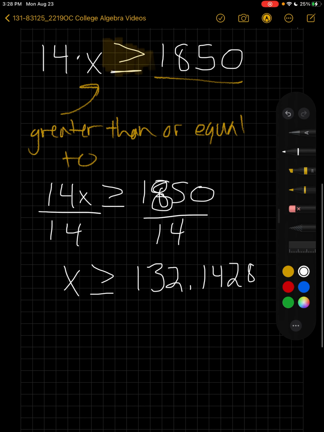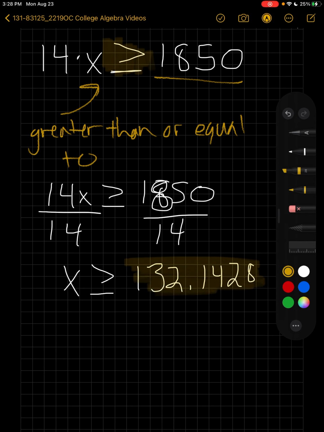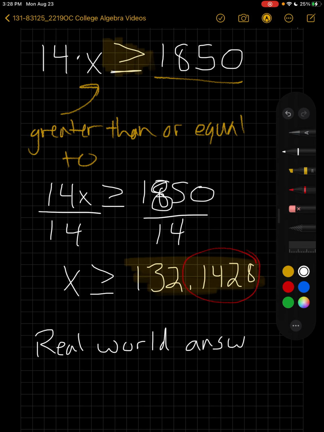That would be the math answer to this. So I need to work at least 132.1428 hours in a month to make rent. That's a lot. Cost of living's high, y'all. But your boss isn't really going to schedule you for 0.1428 hours, are they?